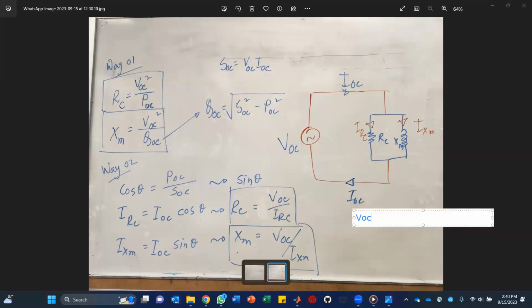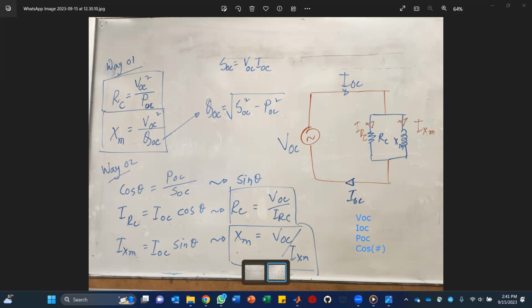So VOC, IOC, POC, and cos theta, some angle. So these are the four elements that we are going to measure in the experiment that I will show.